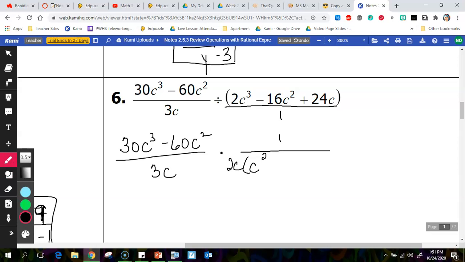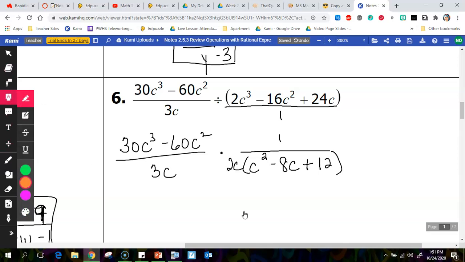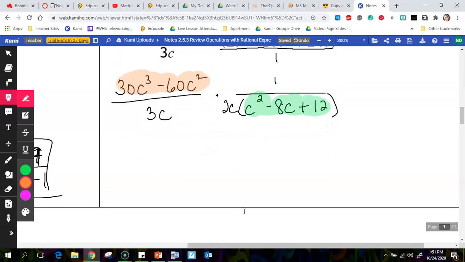That leaves c squared minus, oops, not 16, sorry, minus 8c plus 12. So then that part can be factored. This part right here can be factored a lot more easily. So that one can be factored, and this one can be factored, taking out a greatest common factor. I want you to pause your video and finish this one completely and then come back.